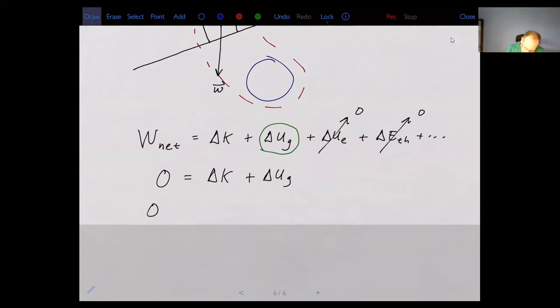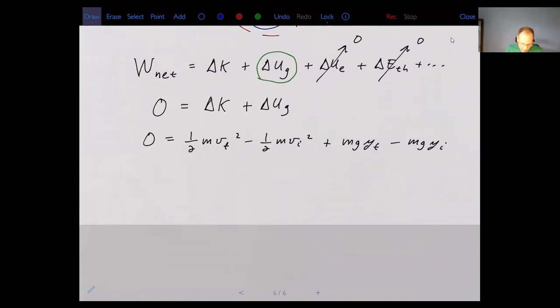Okay, but we know the change in kinetic energy is 1/2 mv final squared minus 1/2 mv initial squared. We know the change in gravitational potential energy is going to be mg y final minus mg y initial. Typically what people do is move the initial terms to the left-hand side.